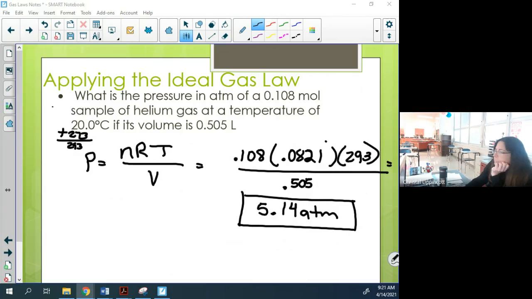I didn't get that. Okay, so what did you get, 6.7? What did you use for your R value here? Oh, I wrote it wrong. I wrote the 0 to 20.